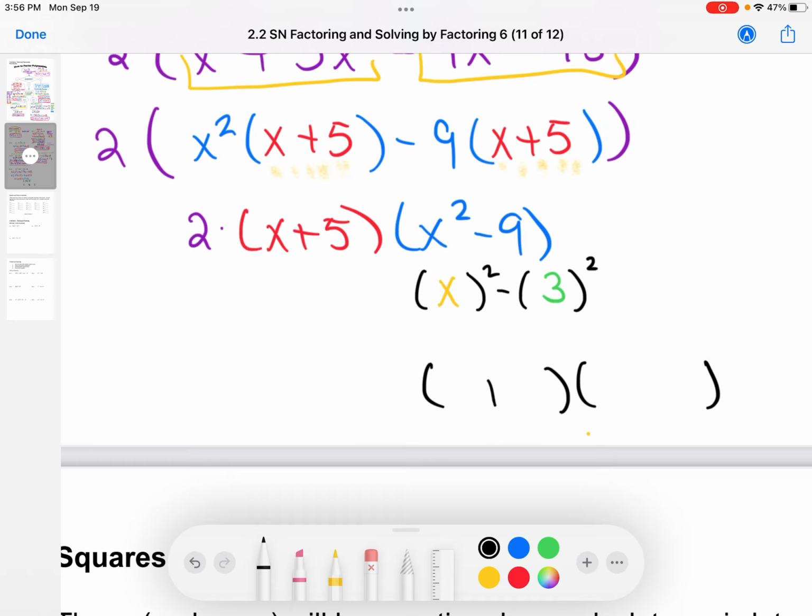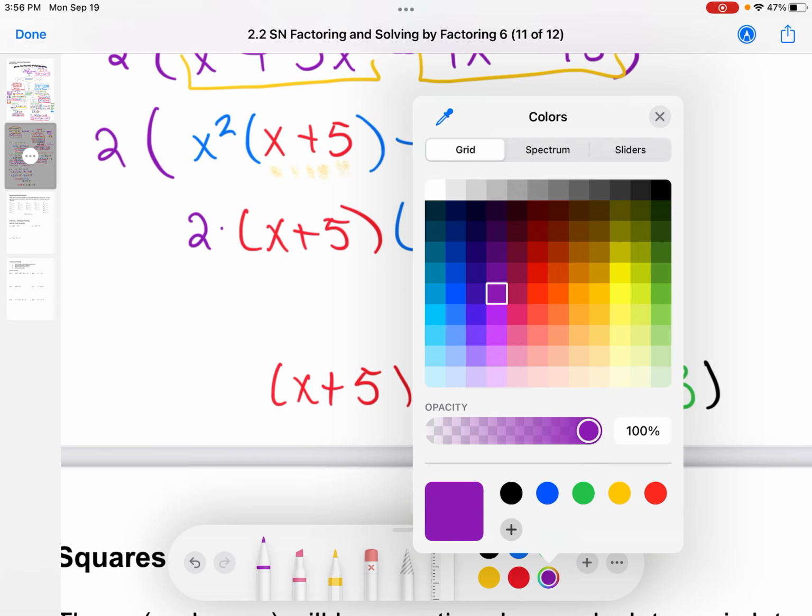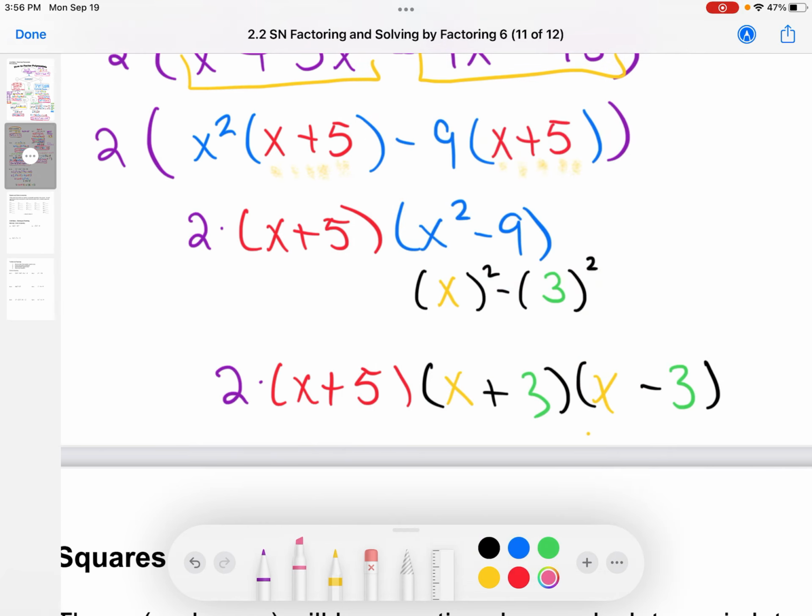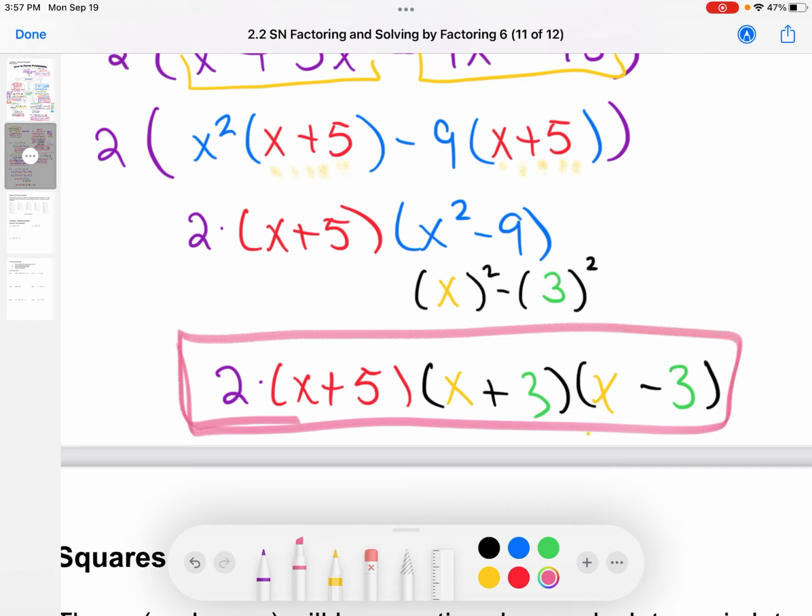So this will factor into 2 parentheses: x plus 3 times x minus 3. We still have the x plus 5 in front of all this, and we still have the 2 as the greatest common factor. So this is completely factored.